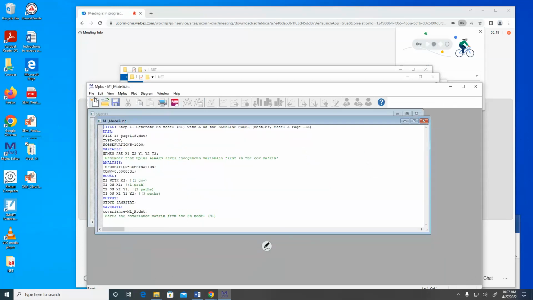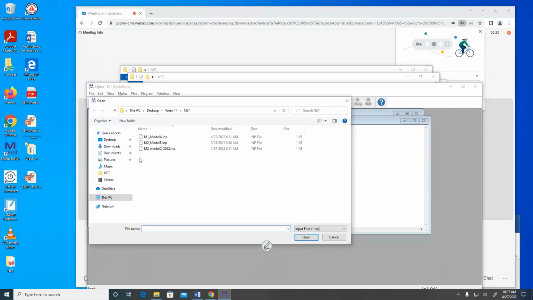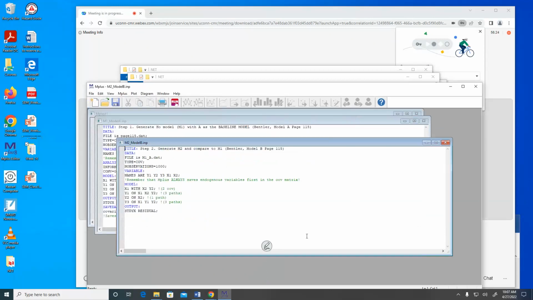Let's open up. So go to File, Open, and now we want to look at M2 model B. Okay. So here, again, first really important thing, don't use the data file. Use the model implied variance covariance matrix. So here it is. File is m1_a.dat, right?